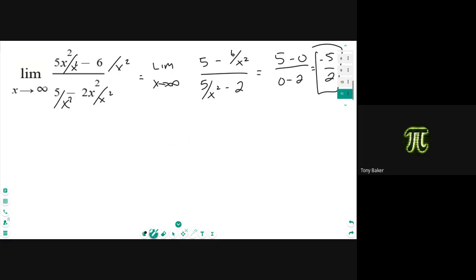And it's hard to explain limits when you don't have a good understanding of the graphs. So they came up with basically a trick or an easier way to do it in certain situations, but this is where it all came from.